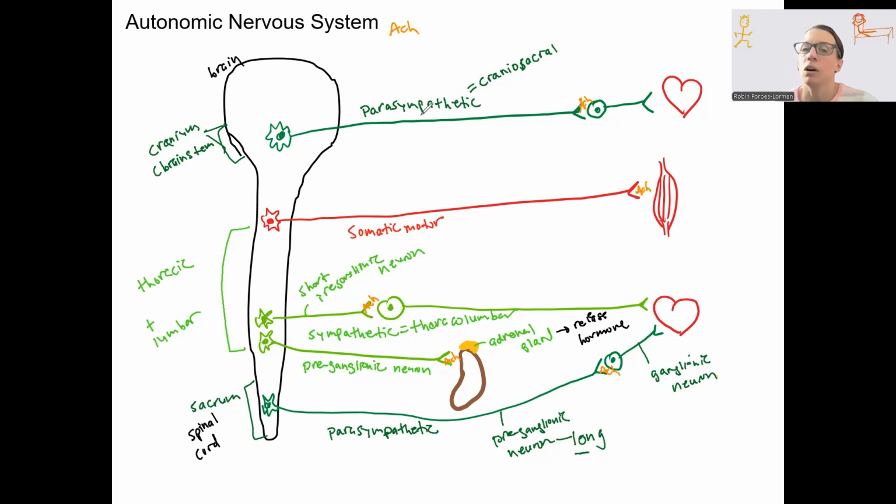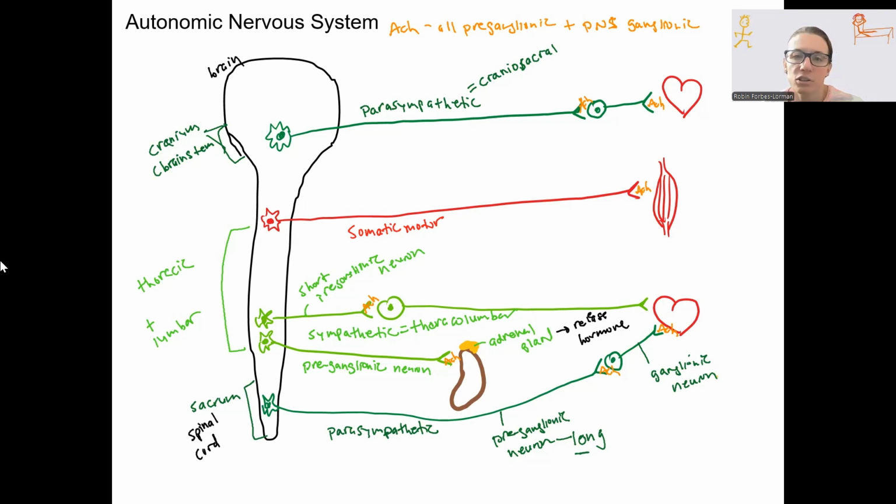Okay, all preganglionic neurons. Also, the postganglionic fibers from the ganglionic neurons of the parasympathetic nervous system. So when in doubt, guess ACh.